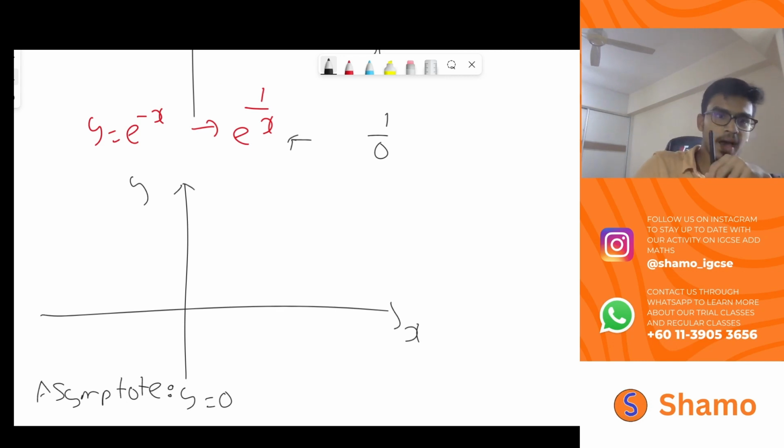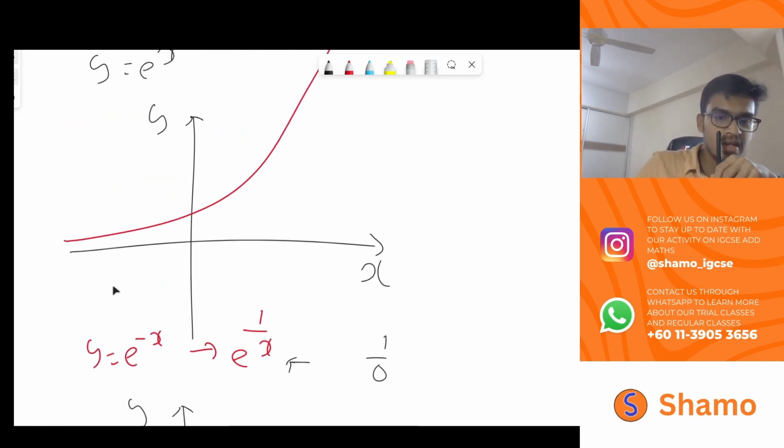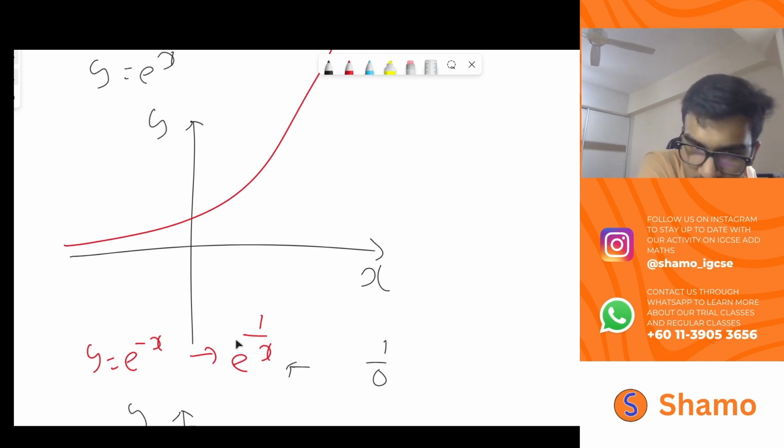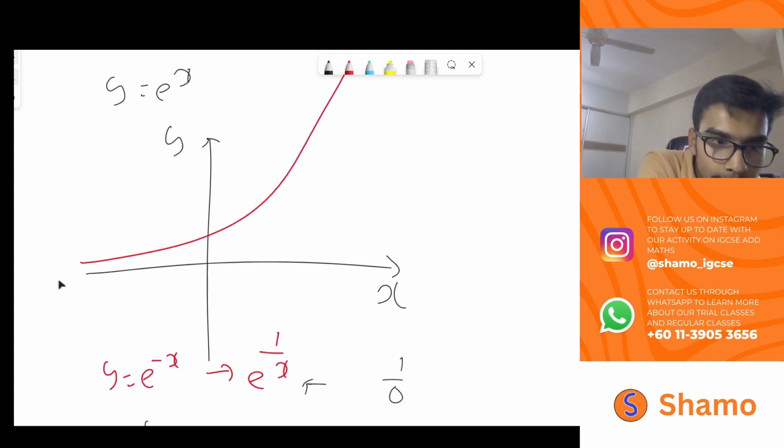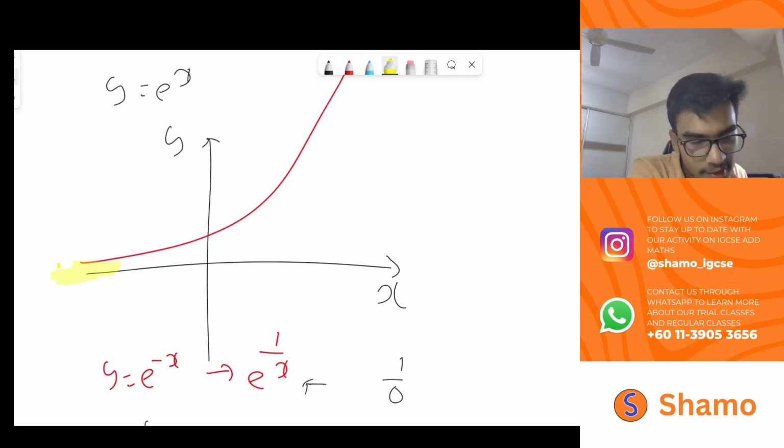Okay, now let's look at this graph. Let's see what happens when e power x is very, very small. When is e power x very small? Somewhere here. When x is at a very large negative value, e power x is at a very small positive value.